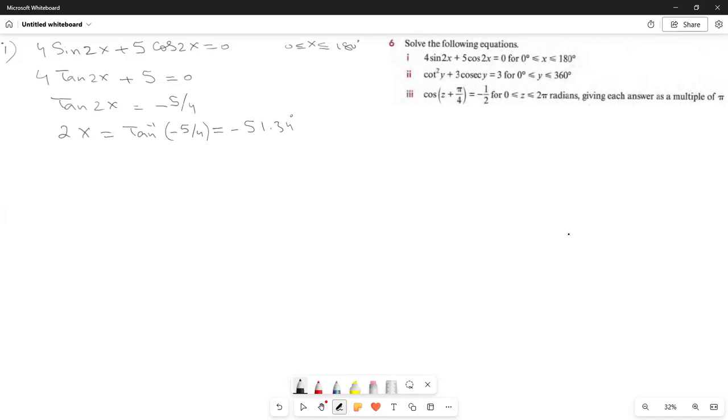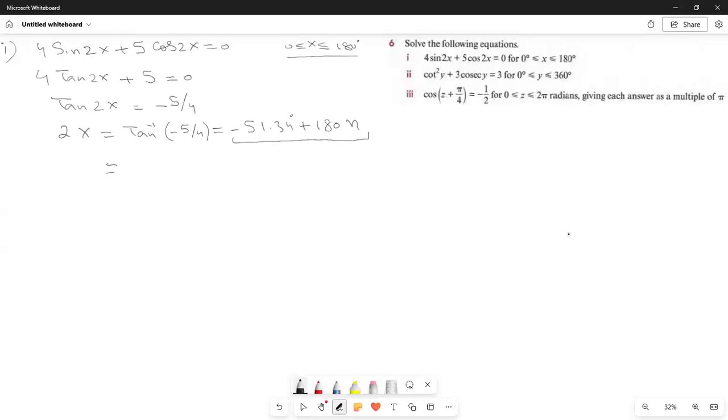But you remember that the tangent function is periodic with 180 degrees, so every 180 degrees it is repeating. So I need to add to it 180n, where n is an integer. And among these values, I need to find those which are in this range, 0 to 180 degrees.